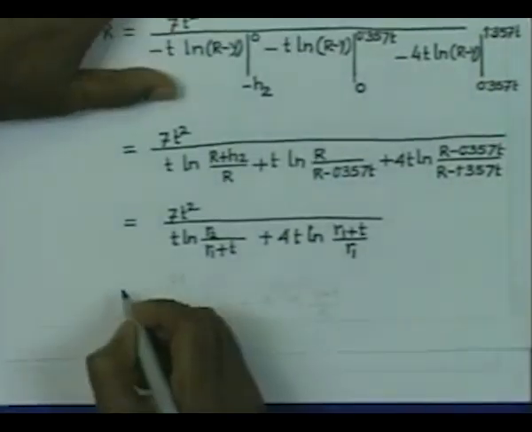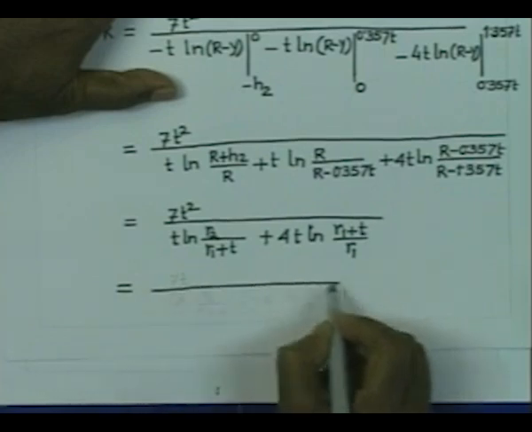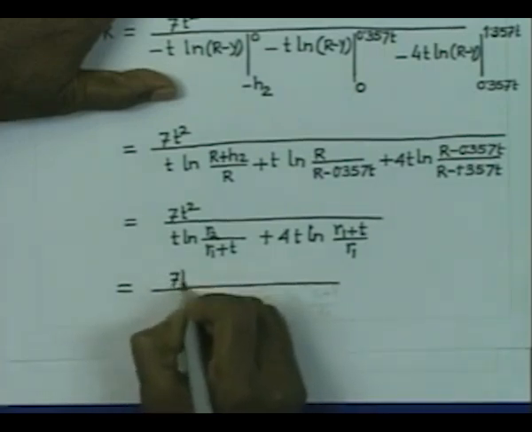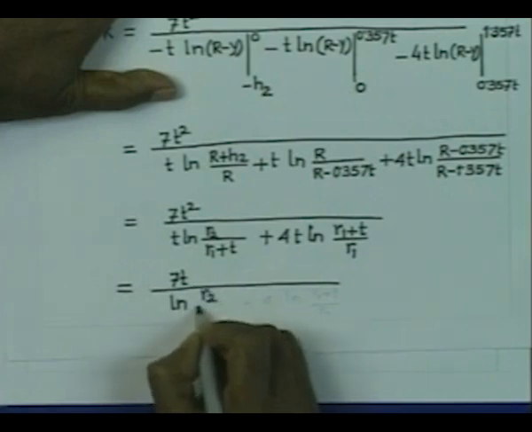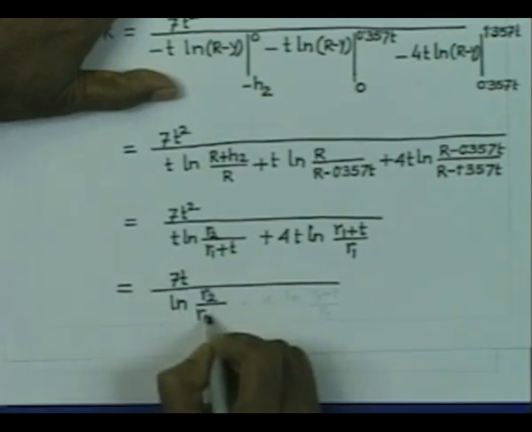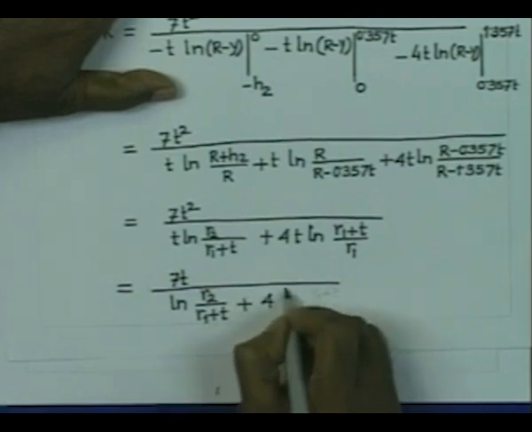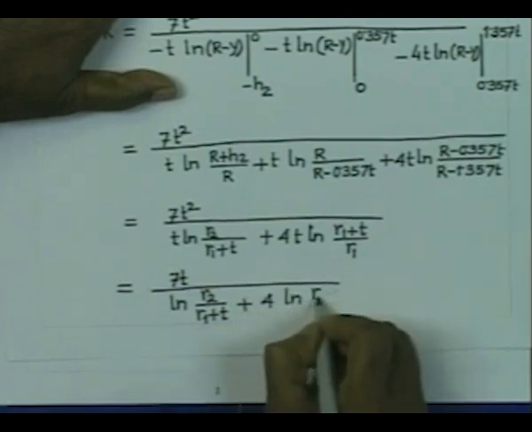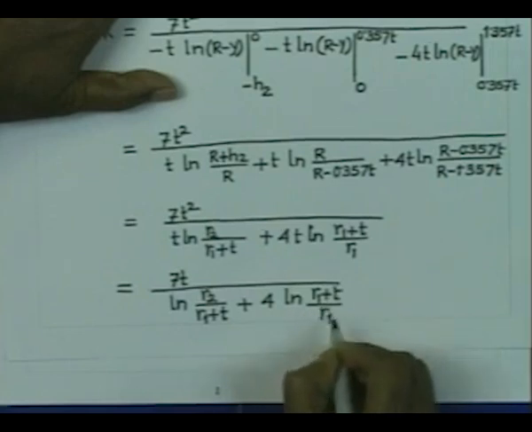Finally, T cancels out. So, we will have 7T divided by ln r2 by r1 plus T plus 4 ln r1 plus T divided by r1.